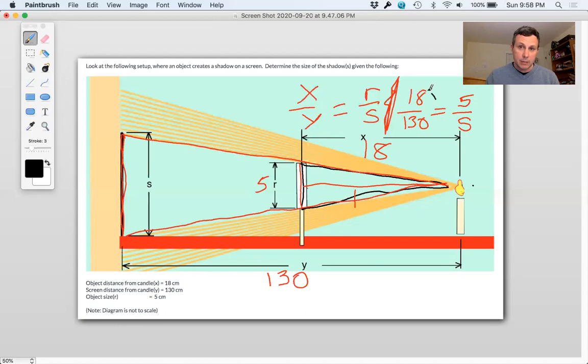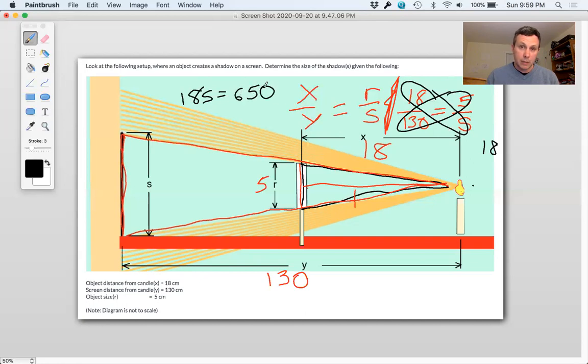So cross multiply just means 18 times s and 130 times 5. Now 18 times s is simply 18s, and it looks like a 5, I'm sorry. And then 5 times 130 is 650.